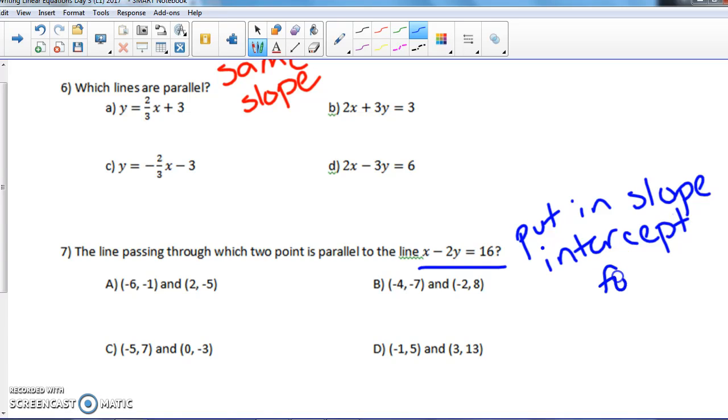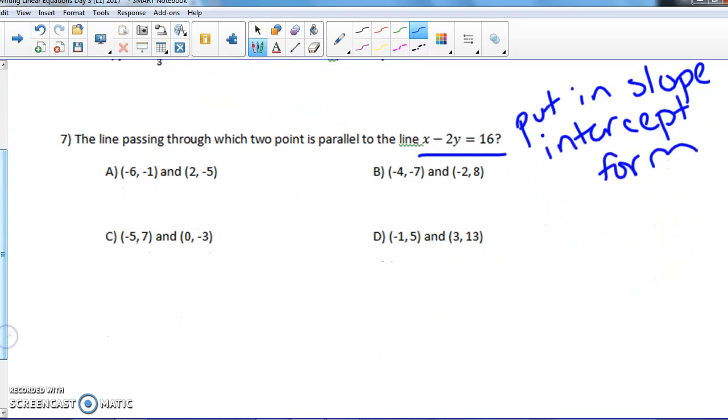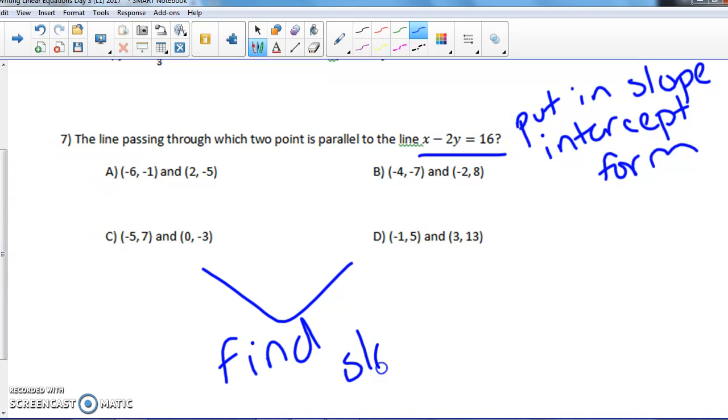So if I get that line in slope-intercept form, I'll know what the slope is. Then, if I look at my choices, they're just 4 sets of ordered pairs. So what I'm going to have to do for all these choices is find their slope to see which one is the same as the line.